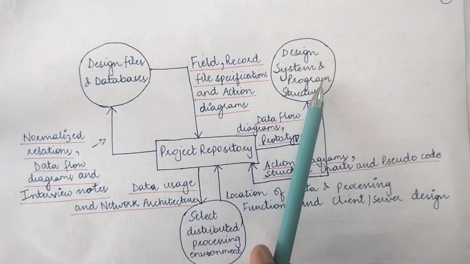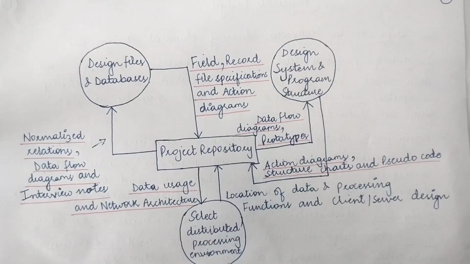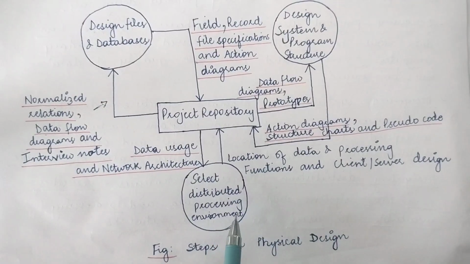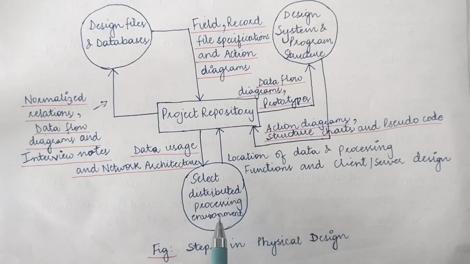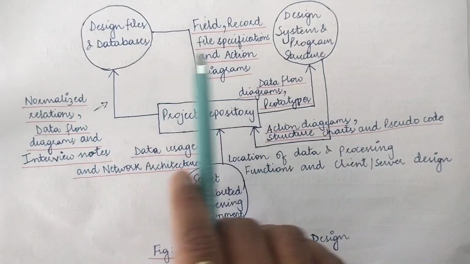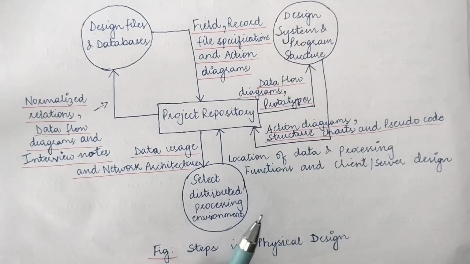And then selecting distributed processing environment, like how the data and the processing will be distributed or made accessible across various computer networks to the users. So this is described by select distributed processing environment. So these are three major activities in physical design.